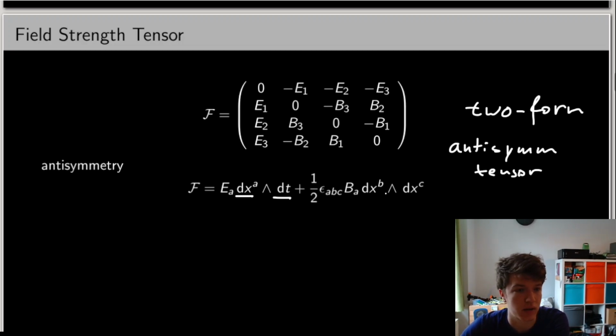And it's a 2-0 tensor because it's always the wedge product of two cotangent vectors. And that's why we call it a two form. It's an antisymmetric tensor of rank 2.